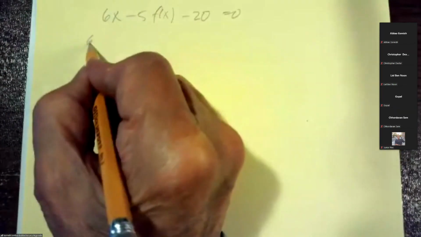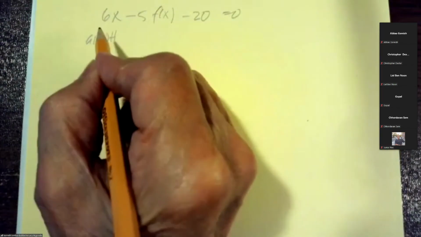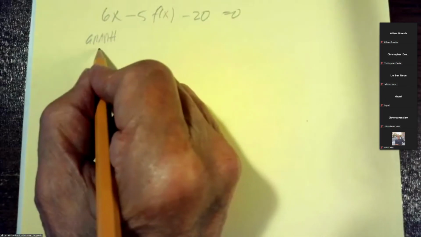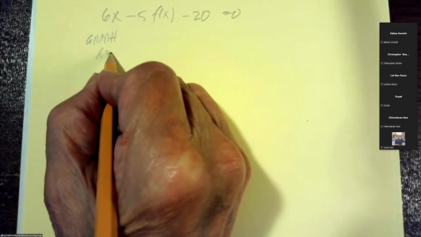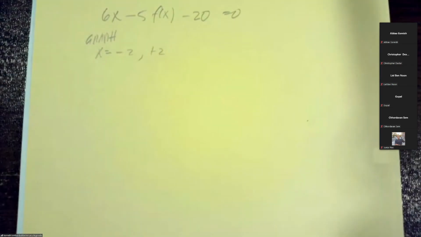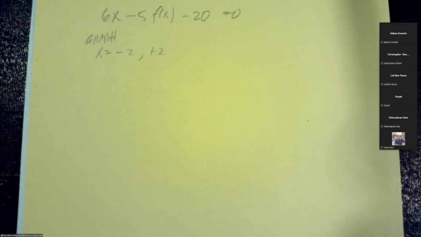And you're asked to graph from x equals whatever, minus 2 to plus 2, or whatever the values are. You might be asked to graph that from certain values. Would you be able to do that? Go ahead and give that a try and see if we agree on what that should look like.